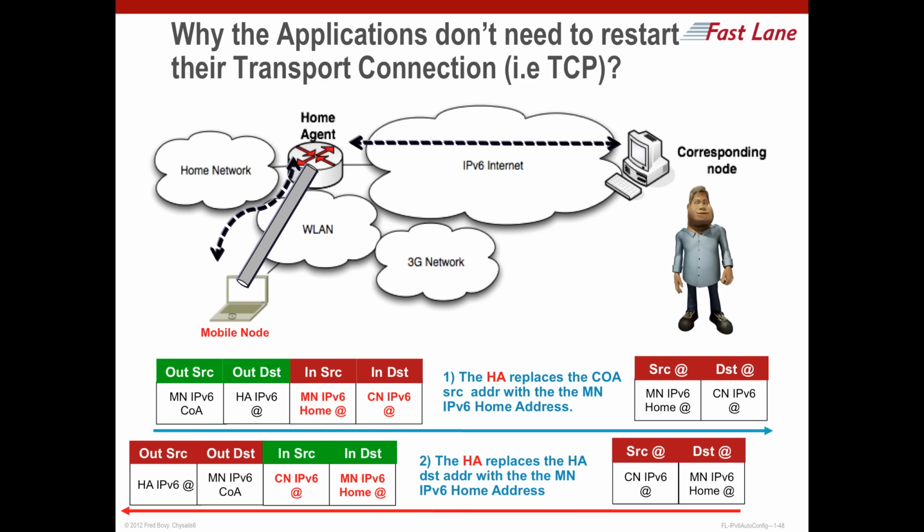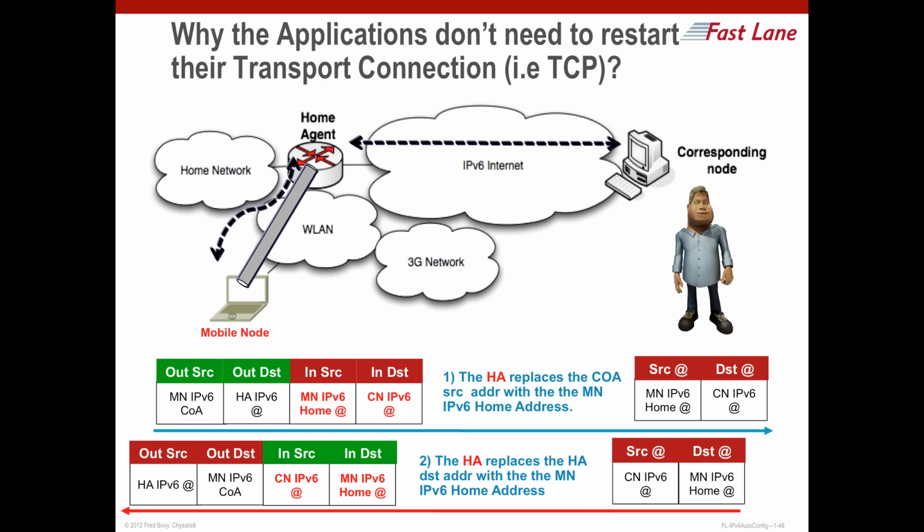The home agent intercepts this packet and encapsulates it within a tunnel with the destination, which is the IPv6 care of address, and the source is set as well. So at this place, the home agent is really very important, because it keeps the illusion that the packets are sent to the home network when the corresponding node is sending the traffic to the home network.